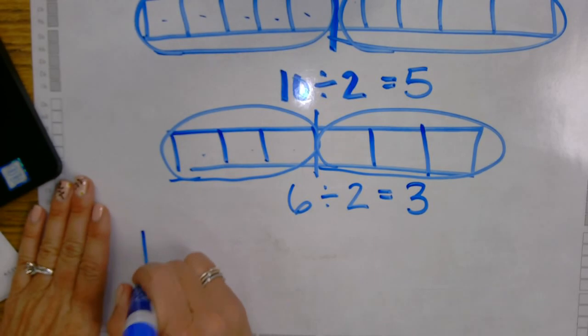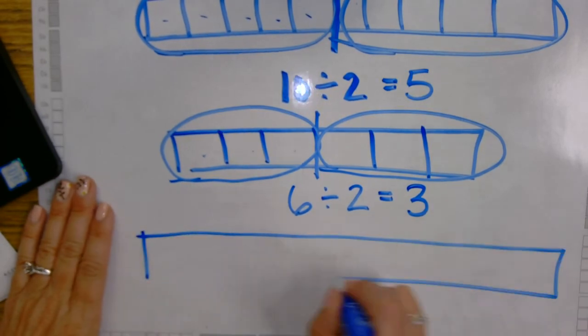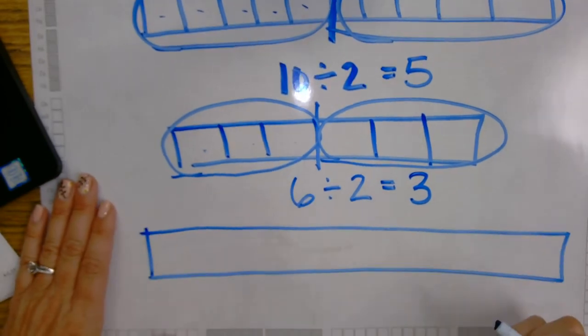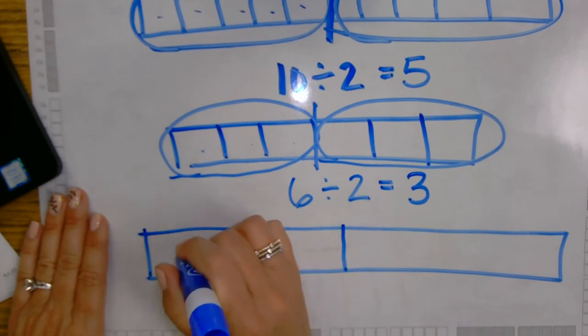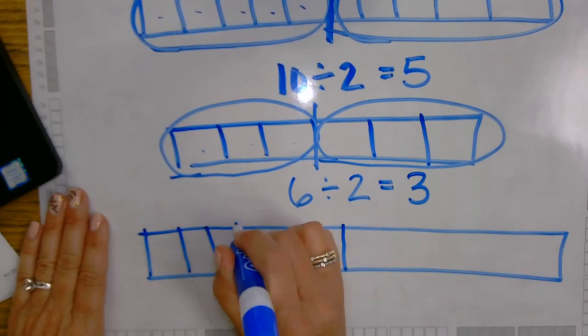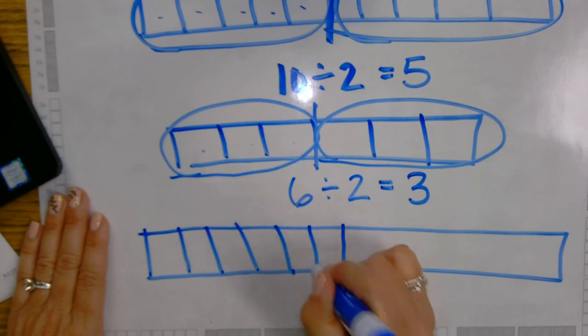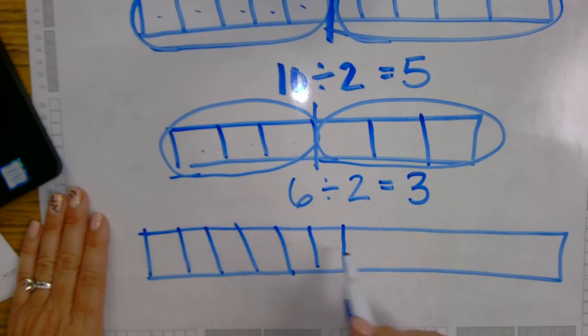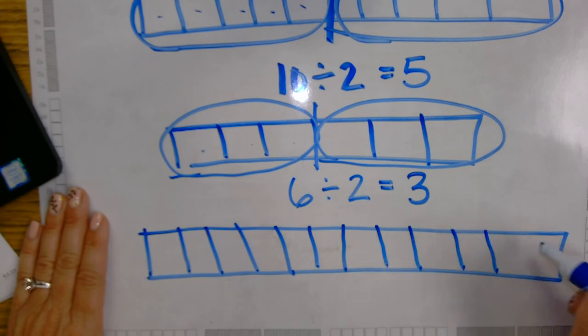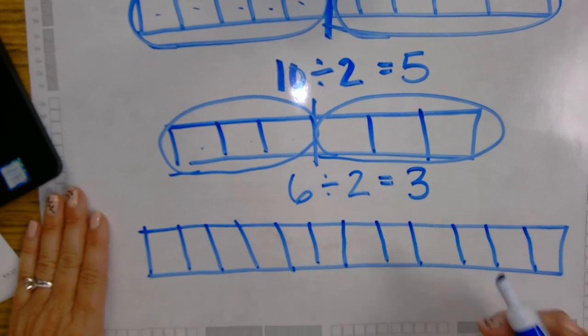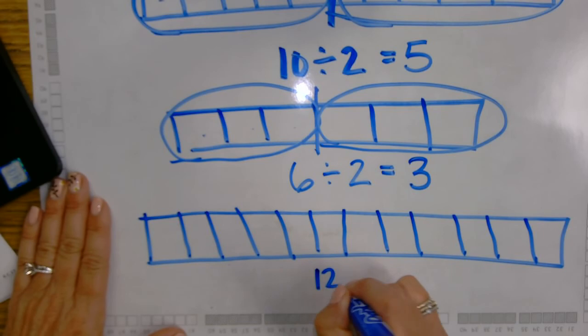What about 12? So this is equal all the way to 12. I'm going to cut it in half. 1, 2, 3, 4, 5, 6, 7, 8, 9, 10, 11, 12. So now I have 12.